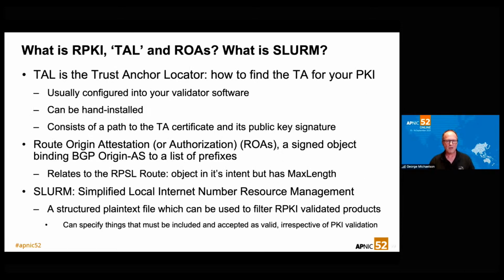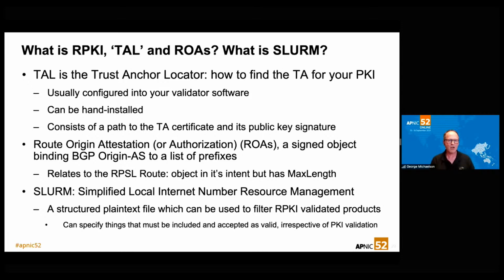Well, the 3 other concepts, they're really simple. A TAL is just a way of referring to a trust anchor. It helps with configuration. Other PKI don't have TAL files. Some, like DNSSEC, use a signaling mechanism inside DNS to do what a TAL does, but we don't have that.